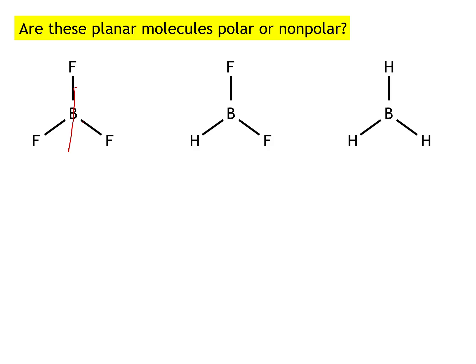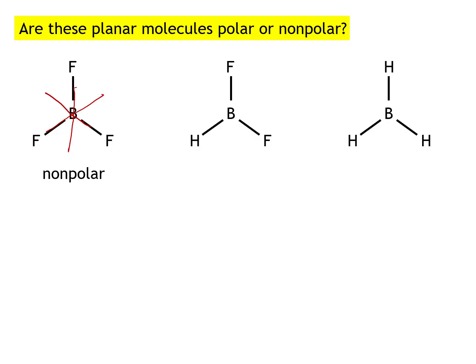Just pretend it's a straight line. Again, it's the same on both sides, and your third one is the same on both sides. You could do funny angles, but again, just simplify things. So BF3, because it's completely symmetric, is going to be nonpolar.